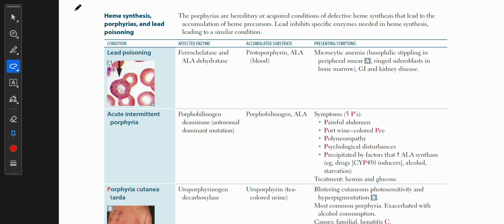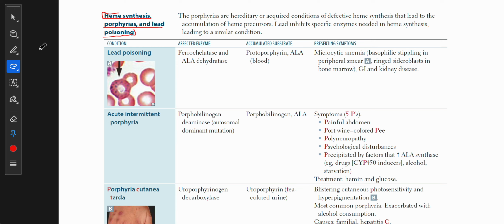So let's go to the heme synthesis. Heme is the non-protein part of the hemoglobin, and heme synthesis occurs in a large number of steps, with a large number of enzymes used. Any abnormalities caused by those enzymes are called porphyrias. So we will be talking about porphyria.